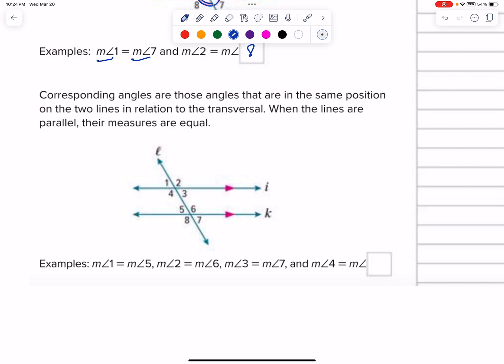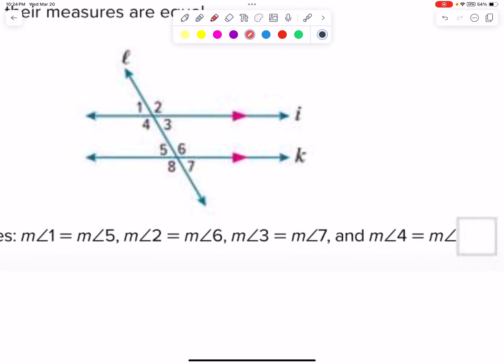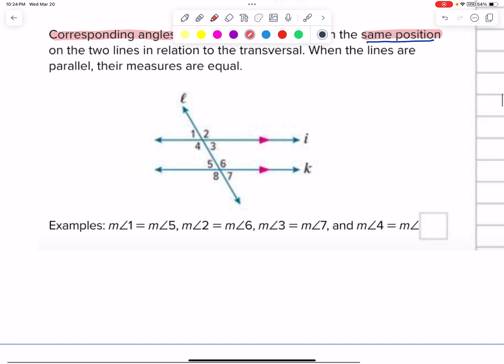It says corresponding angles are angles that are in the same position. So let's highlight this. Corresponding angles, same position. Let's look at what that means. It says in relation to the transversal. Again, this is only true when we have parallel lines with the transversal cutting through.